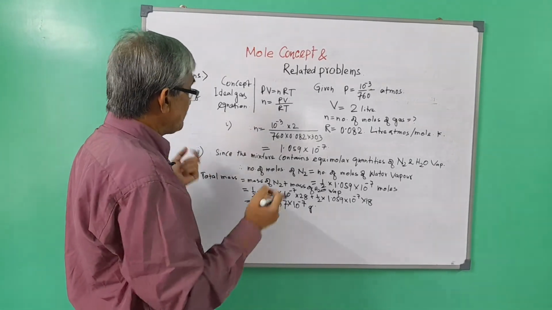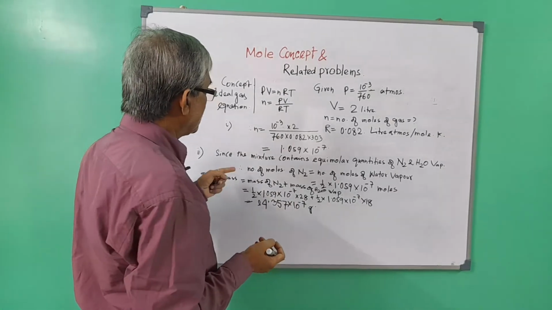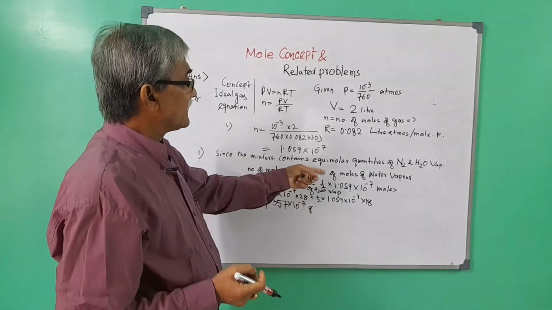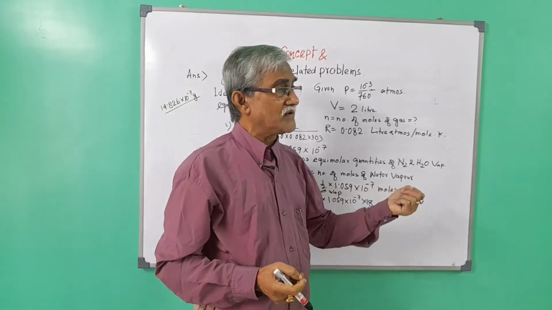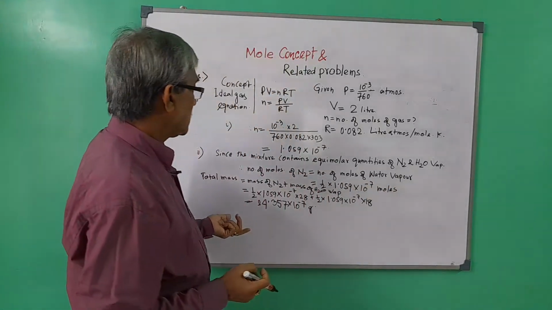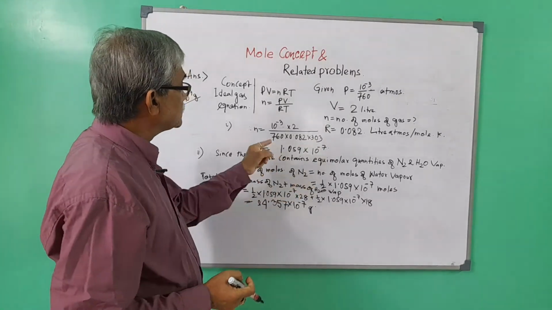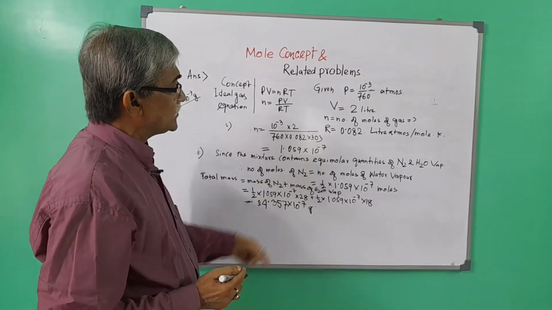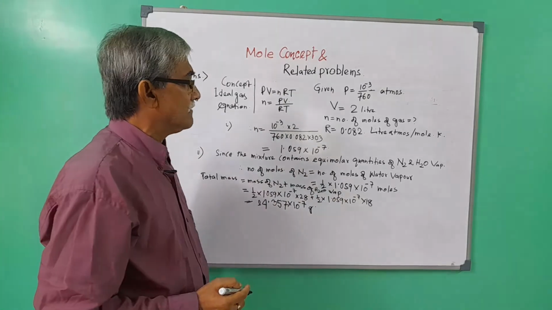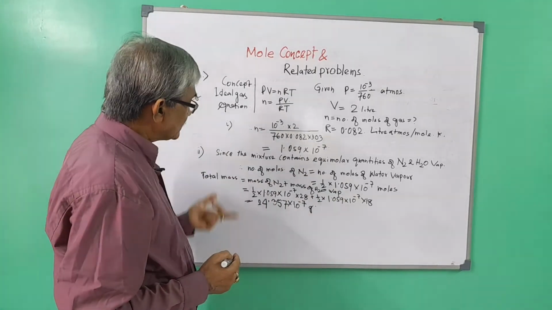Because it's equimolar, the number of moles of nitrogen equals the number of moles of water vapor. Each is half of the total, that is half into 1.059 into 10 to the power minus 7 moles of gas.